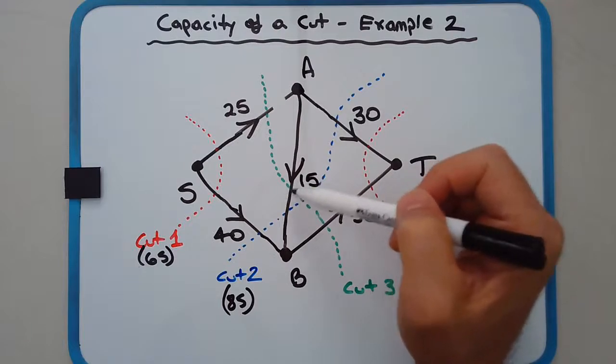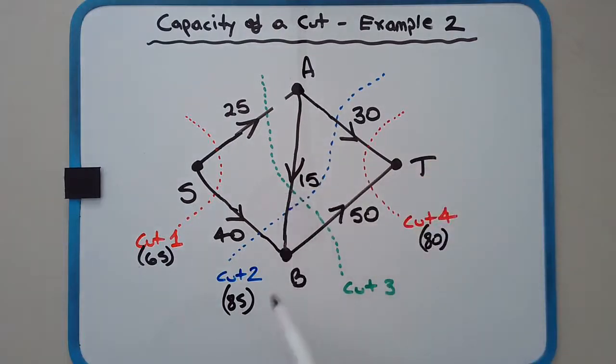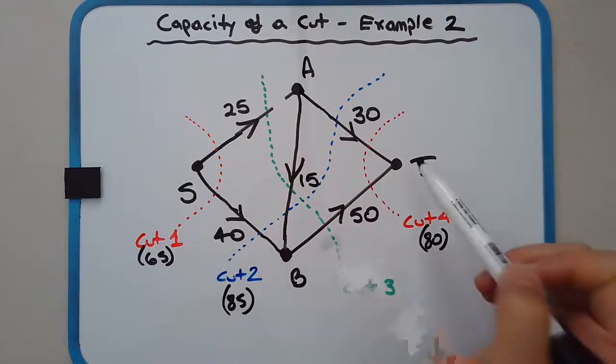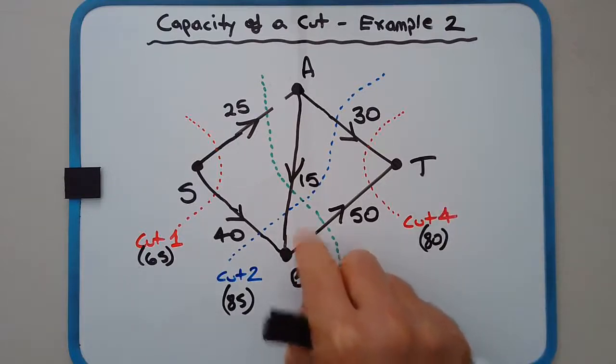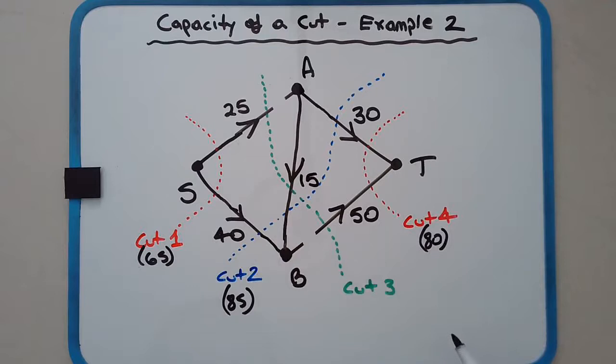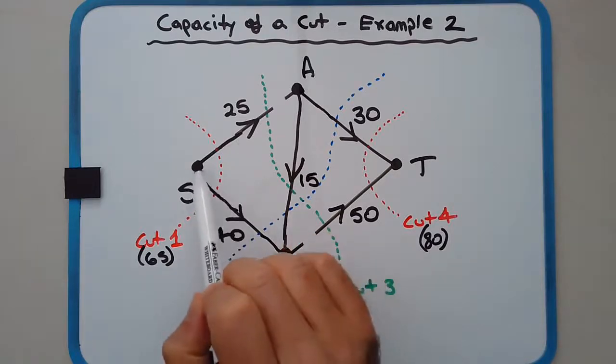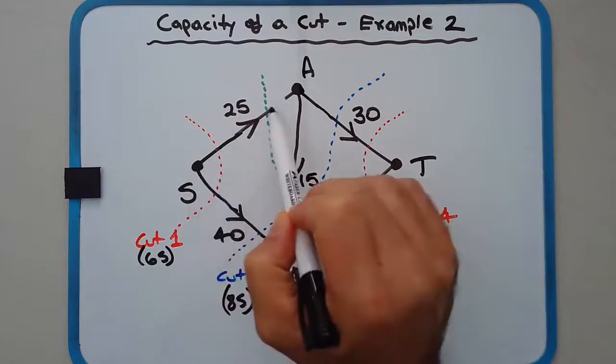We don't include this edge here, but we do need to include this edge BT, because if we don't, there is a path from source to sink, SB and then BT. Have we cut off the network completely? Yes, we have. If anything tries to flow from S to A, it stops there.